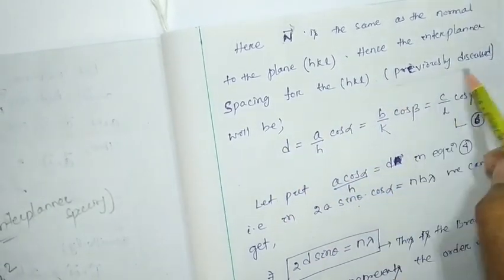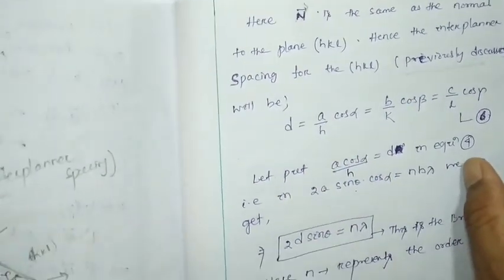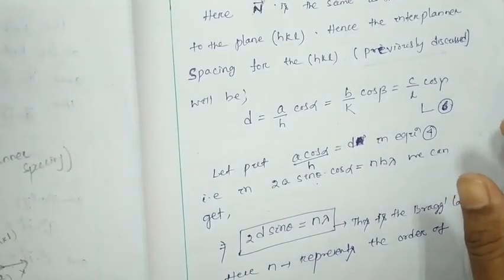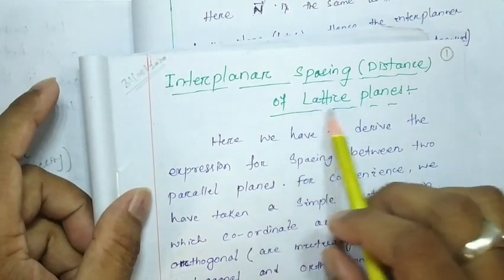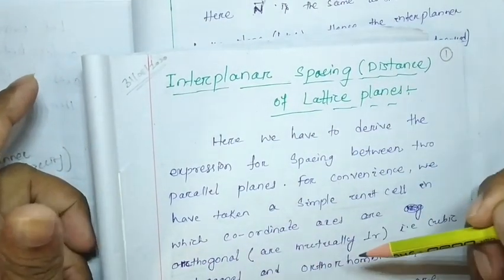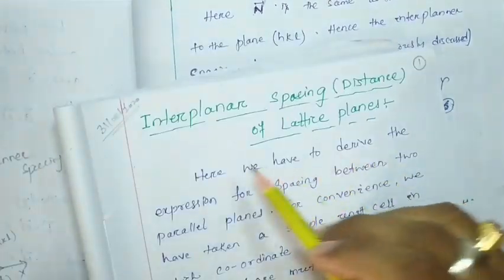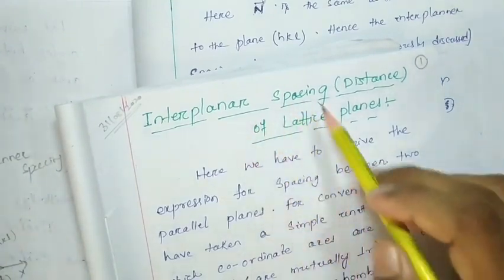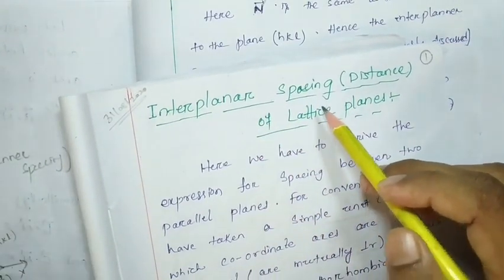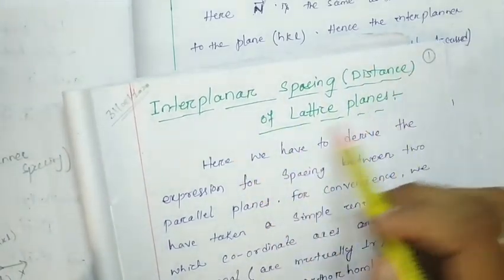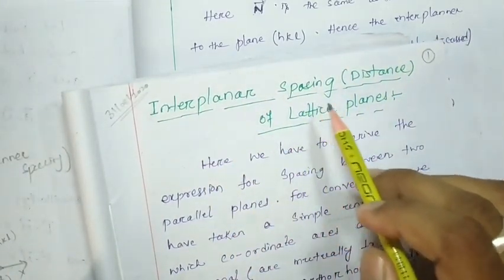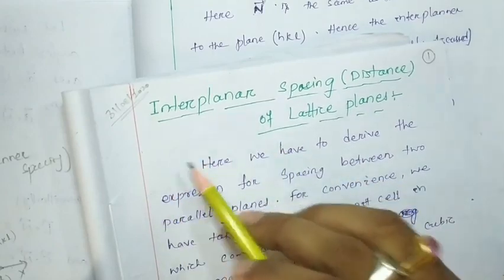I have previously discussed this, so you can refer to our video where I explained the interplanar spacing distance of the lattice plane. I will give the link of that discussion in the description of this video. You can go through this topic that we previously discussed.